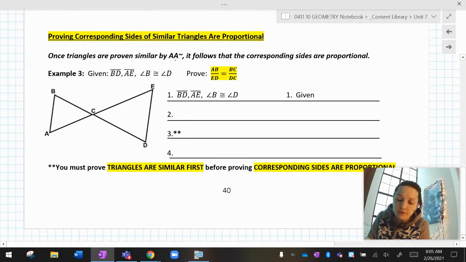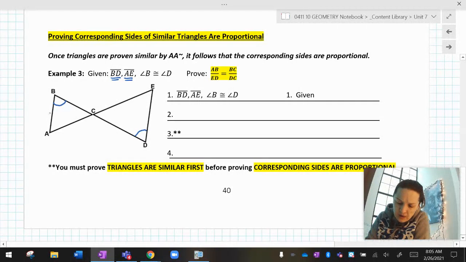Once triangles are proven similar by AA, it follows that corresponding sides are proportional. So what that's saying is, if you give me that BD is one big straight line, and AE is one big straight line, and I was given that angle B is congruent to angle D, prove that AB over ED equals BC over DC.